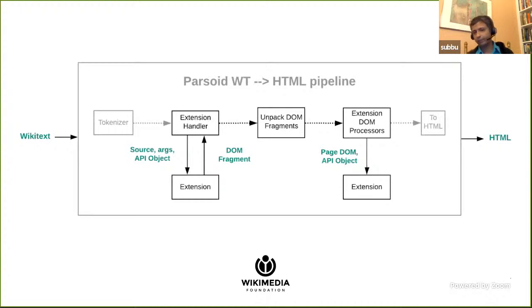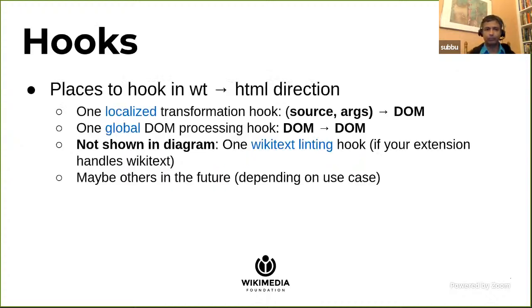Further down the pipeline, it's the whole page DOM. This DOM is then passed to extension DOM processors. Here, your extension processor will be given the full page DOM, and once again, the same API object. It is expected that you'll probably modify the page DOM in place.